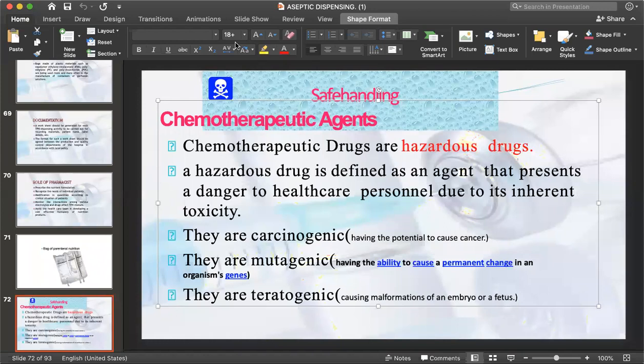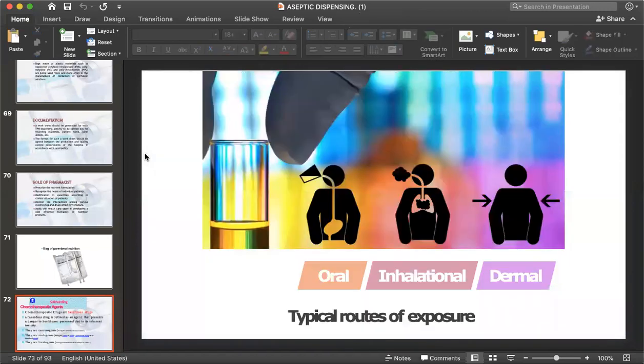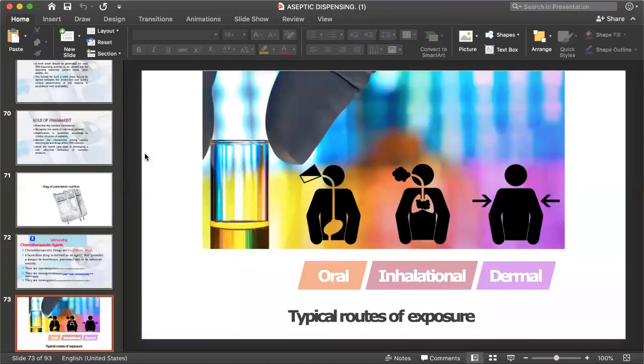They have some other characteristics also. Through oral, inhalational, and dermal contact, these drugs can produce their hazardous effects.